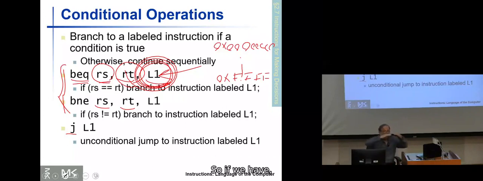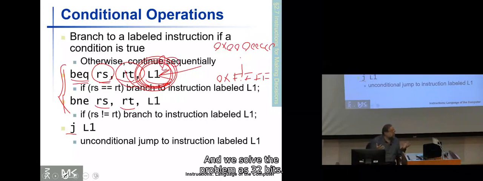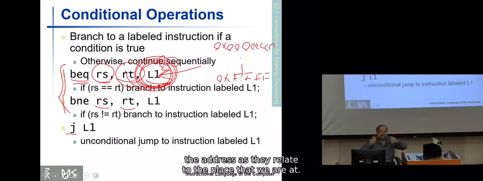So if we are here, and we would like to go to this location, which is only 20 addresses after this place, we just put 20 here. And we solve the problem. We don't have 32 bits, we only have 16 bits. But with these 16 bits, by considering the address as relative to the place that we are at this time, we almost solved that problem.